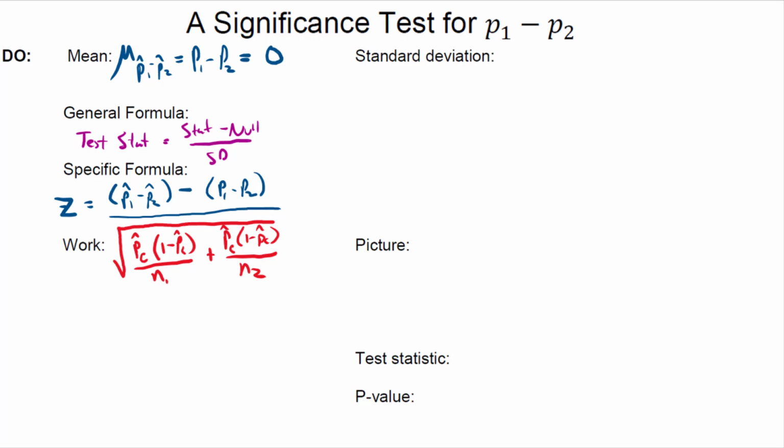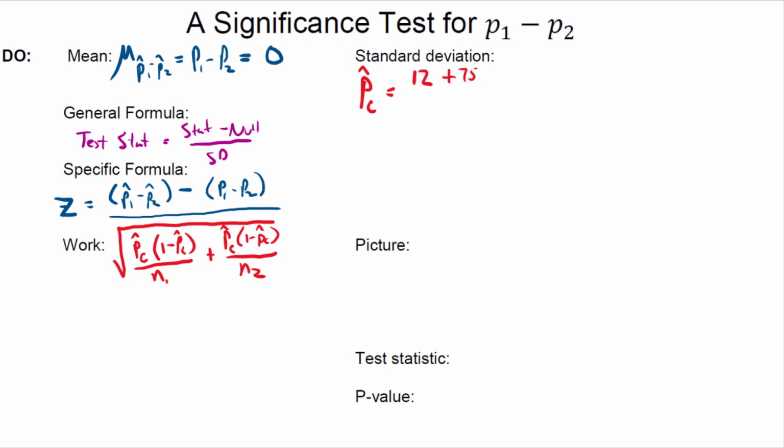Now to calculate your pooled proportion or combined proportion, you simply take the two success values, in this case 12 and 75. So we took 12 from the STEM group that were Black and Hispanic, and we took 75 from the non-STEM that were Black and Hispanic.